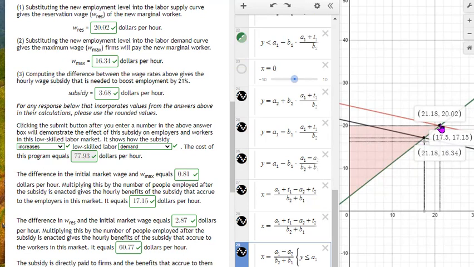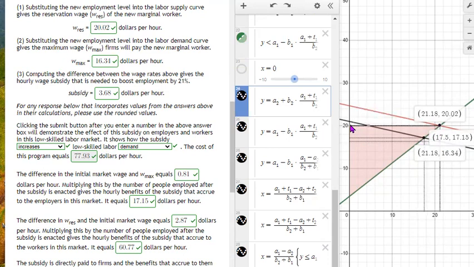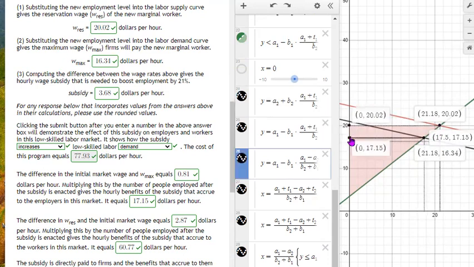Now, the wage that's paid to the employee is $20.22, and 21.18 employees are hired. So this trapezoid up here, created by these four points, is the increase to worker surplus.